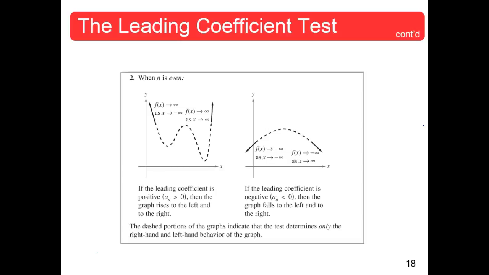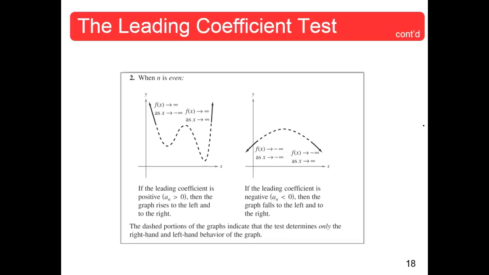If n is even and a is positive, then these f's are both positive. They've got to be. They're all infinities. They've got to be positive because it's an even function, they're going in the same direction, leading coefficient positive, they've got to be on the up and up.